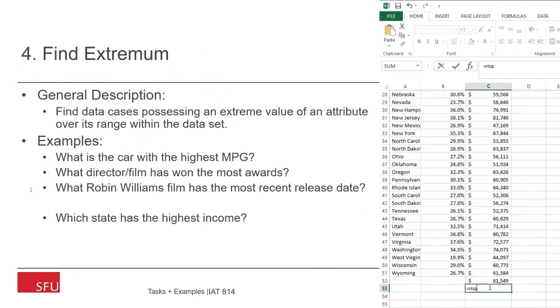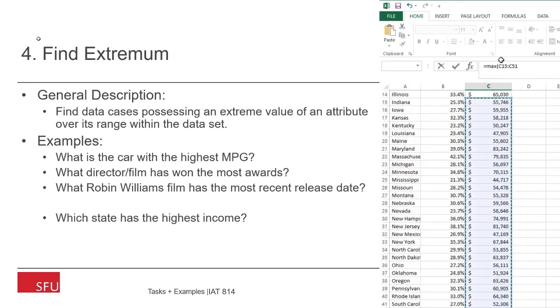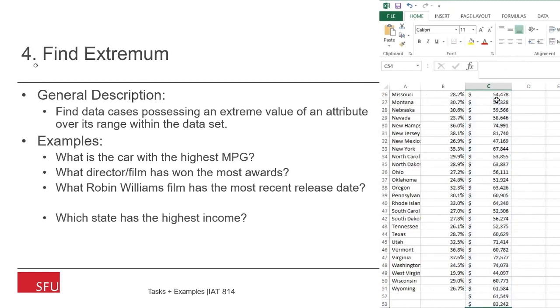If we want the maximum, for example, just once again highlight the range that we want. And that tells us the max, and that's 83,242. And we could also execute the minimum formula. But that's simply Excel's answer to that query of what's the maximum.